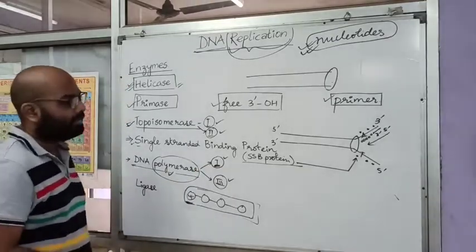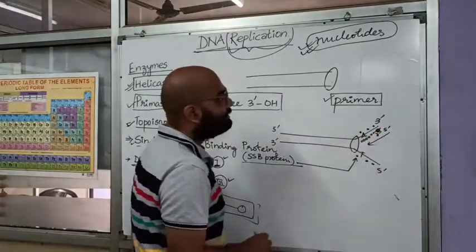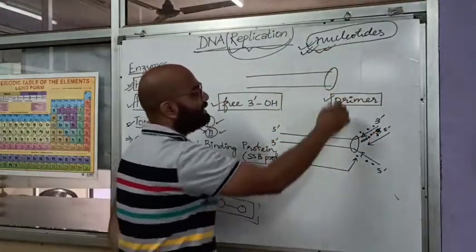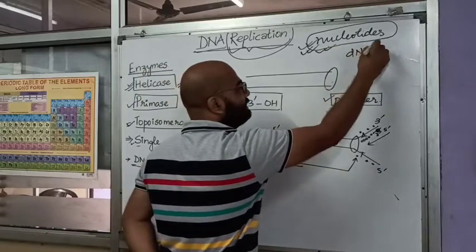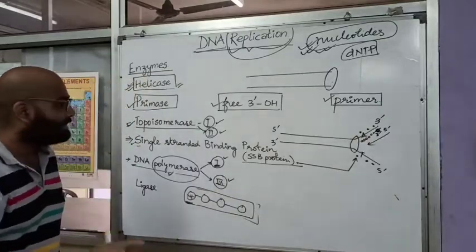It can replace the primer by nucleotides, basically deoxyribonucleotides, dNTPs, to make the whole molecule DNA at a later time.